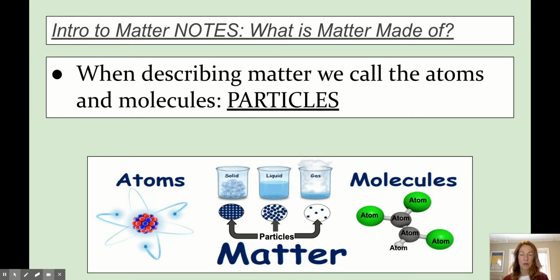We're just going to talk about particles and how the particles move in matter, and what makes the particles move faster and what makes them move slower. So when we refer to matter, we call the atoms and the molecules particles. So if you could write particles in your sheet, PARTICLES.